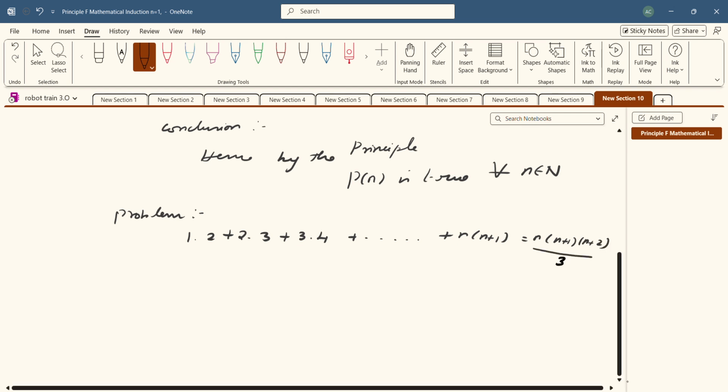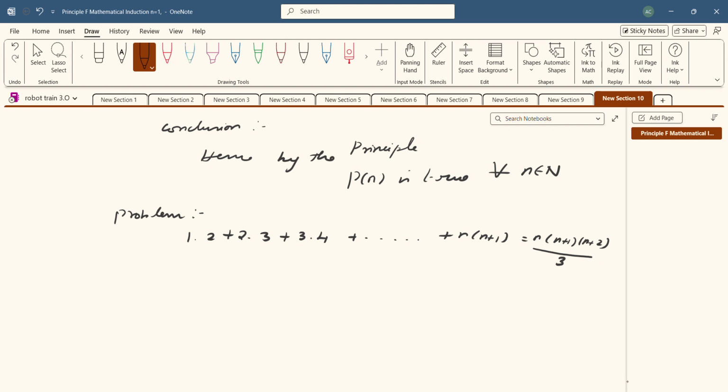Already I told you the steps we follow to prove a statement using mathematical induction.